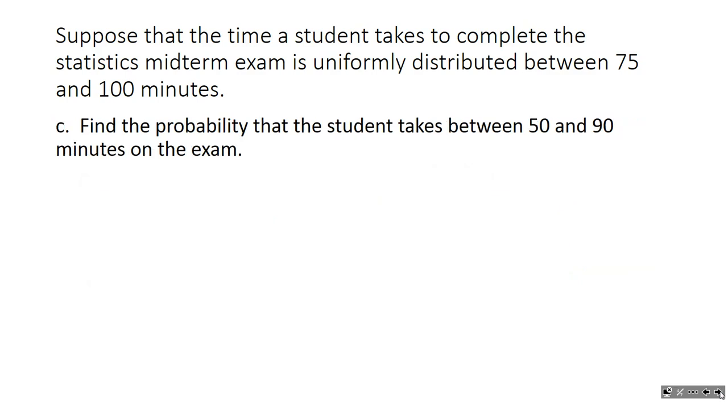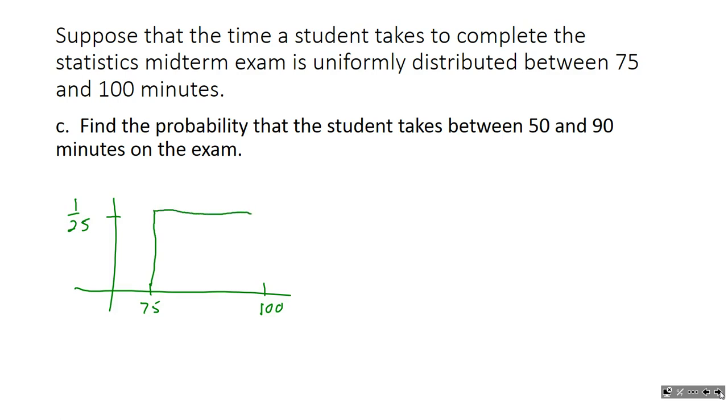So let's do a third question. Same situation, and let's find the probability that the student takes between 50 and 90 minutes. Again, I want to do a very quick sketch here: 75 to 100, where the height is 1/25.